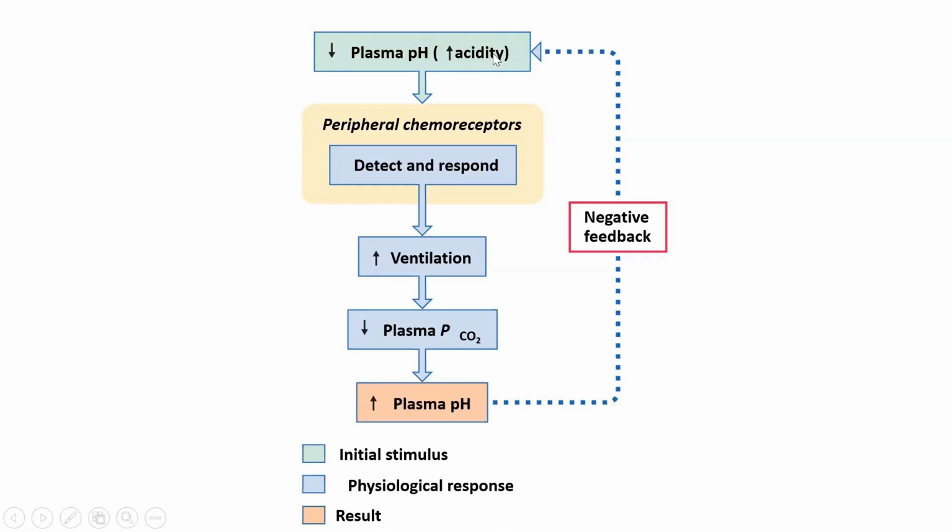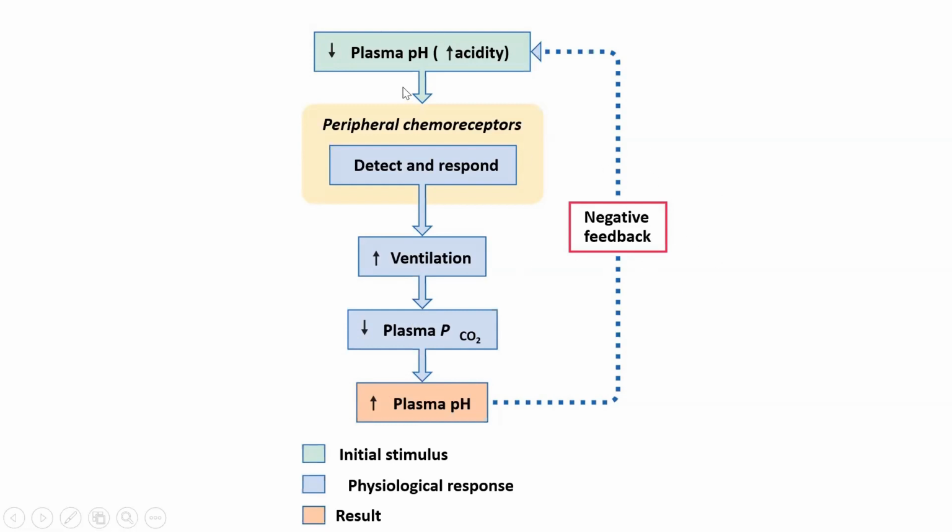And when they detect that we have a decrease in our pH, meaning that we have lots of acid or an increased acidity, lots of hydrogen ions, is another way we can represent this, they are going to send a signal to the respiratory centers, which will increase our rate of ventilation, helping us to blow off more of that CO2 more quickly, which will in turn decrease the plasma concentration of CO2, which will correct our plasma pH, and that will turn off the signal as a negative feedback loop, okay?